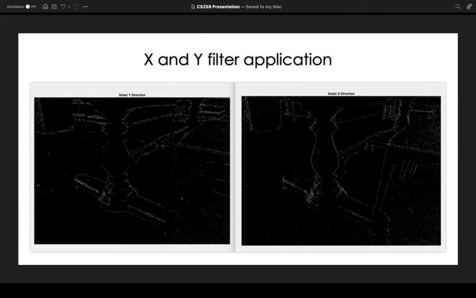That is because when we use the Y direction, we are scanning from top to bottom, and it will only detect edges that are horizontal in the image. On the other hand, Sobel X direction will detect the edges of the chair leg because the image will be processed from left to right using a different filter.